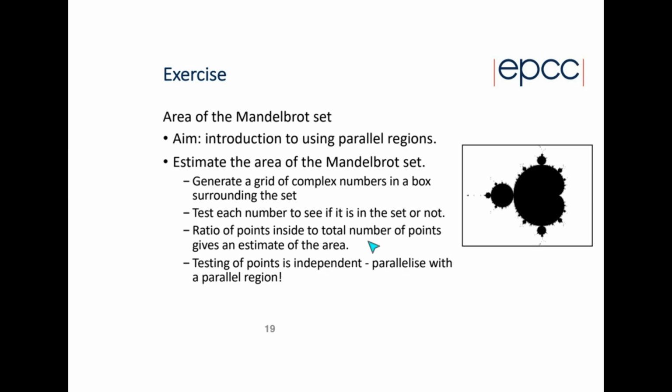The ratio of the number of points inside to the total number of points, multiplied by the size of the box, gives us an estimate of the area. This is a nice, almost trivially parallel problem because the testing of the points is independent. So we can get different threads to test different points in parallel and get some performance improvement from it.